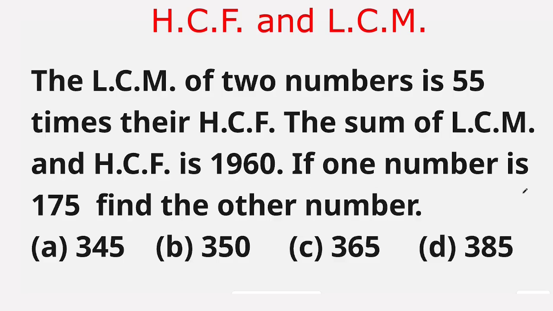If one number is 175, find the other number. The given options are option A 345, option B 350, option C 365, option D 385.